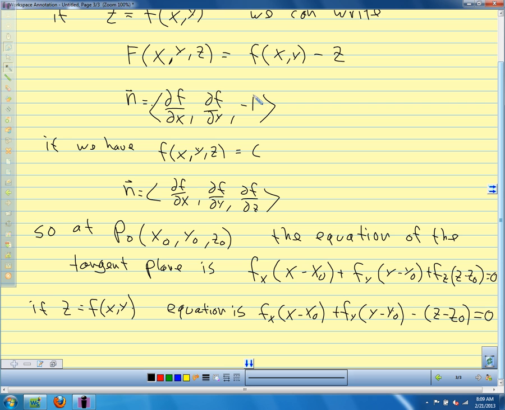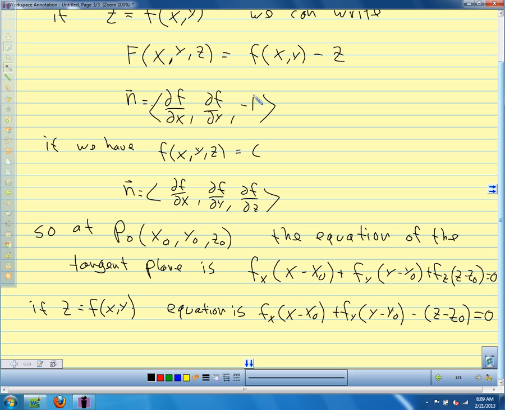We can use that normal vector to find the equation of the tangent plane, and use the gradient to find the equation of a normal line, and we'll use these quantities later when we put all this stuff together. All right, let me pick out a few examples that we want to take a look at.